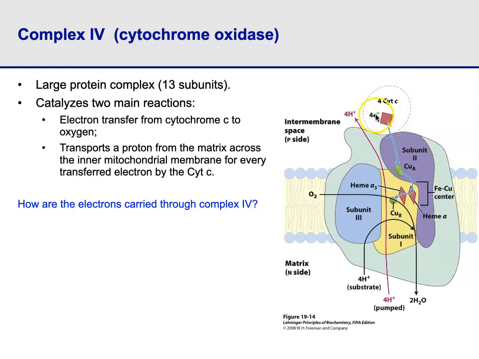For 2 electron pairs, 4 protons are transported. In other words, 1 proton per electron transported by cytochrome C. In other words, 2 protons per electron pair. That would only make 1 molecule of water.